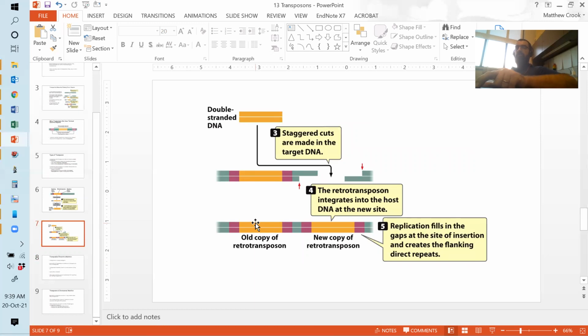So if you have one of these copies in one chromosome, say chromosome 2, and a copy in chromosome 4, then potentially during meiosis, when those chromosomes align very precisely and recombine by homologous recombination, if you have the same transposon on both chromosomes, you can have a different chromosome come in, line up and undergo homologous recombination and generate a completely different chromosomal fusion.